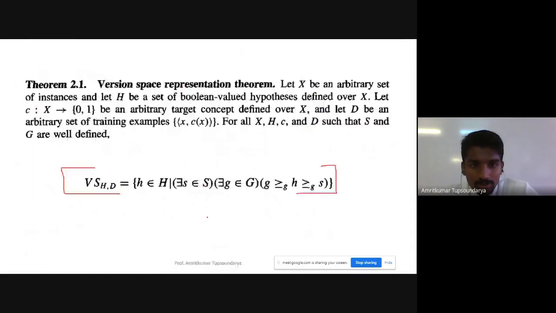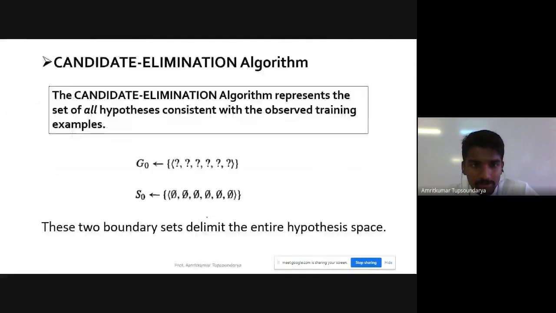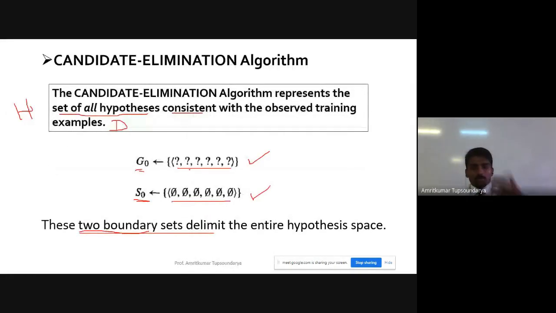before concluding the lecture, we will have a quick recap of what we discussed in today's class. So whatever we discussed, a quick recap about the candidate elimination algorithm. The candidate elimination algorithm represents the set of all hypotheses, unlike the Find-S algorithm, right?